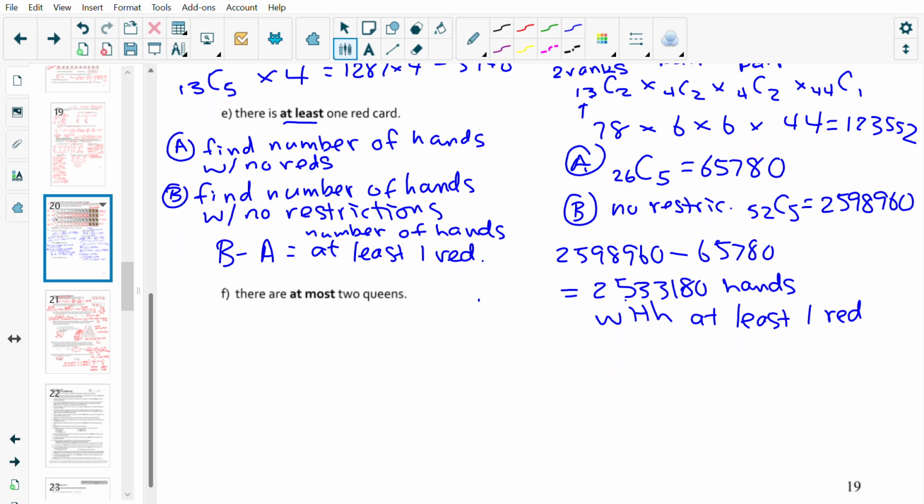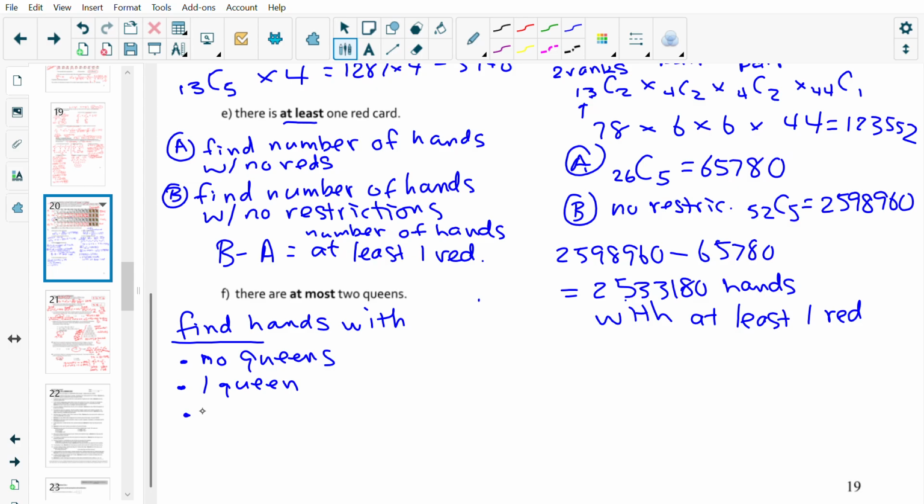Okay, there are at most 2 queens. So this one, let's find hands with no queens, 1 queen, 2 queens, and then add.